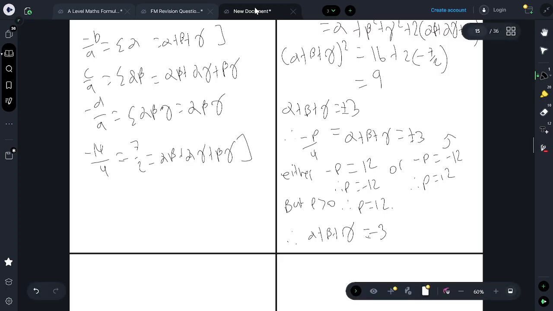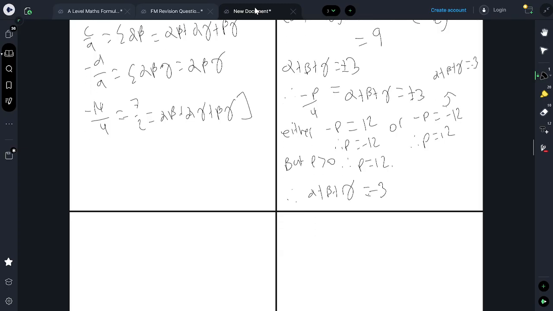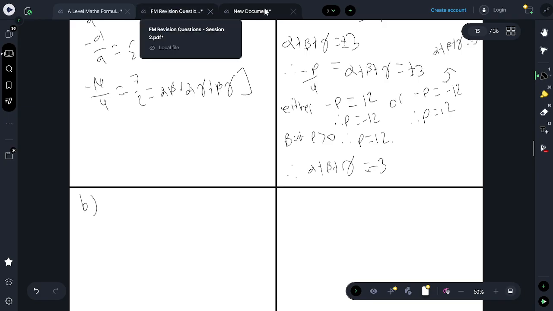So 4 times by minus 3 gets us minus 12. So minus p is minus 12. So this happens when alpha plus beta plus gamma is minus 3. And the other happens obviously when the sum is positive. So that has to be minus 3, okay? If that helps. Okay, so that's part A. So then part B, now we know that.